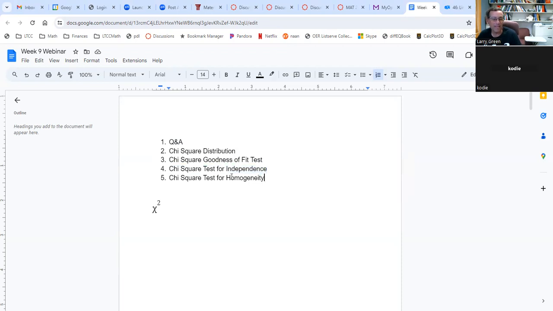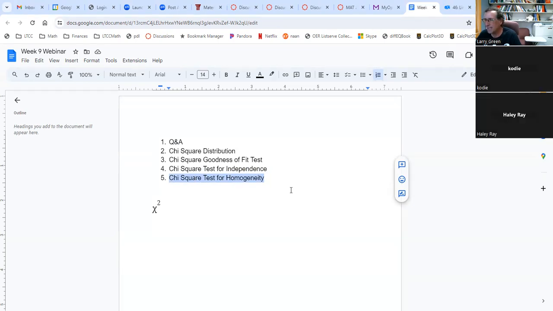And finally, we'll talk about the chi-squared test for homogeneity, which compares 2 different groups to see if there's a difference in their qualitative answers. That pretty much is what this whole thing is all about: the chi-squared test.